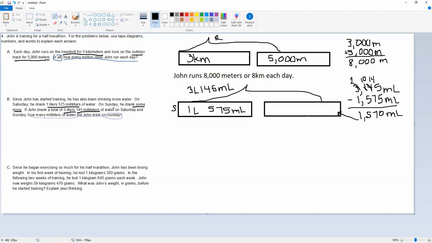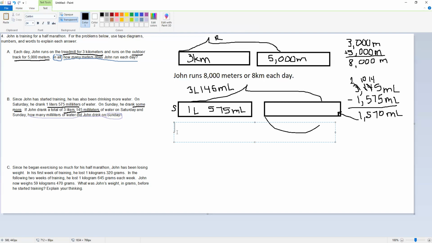It says, how many milliliters of water did he drink on Sunday? So that was the part we were trying to figure out. So we just need to put it in an answer form. Using the question is always a good idea. So we could say his name, John drank 1,570 milliliters of water on Sunday.